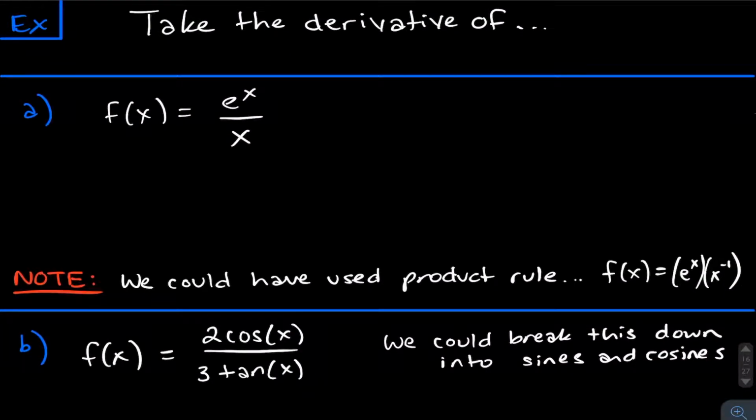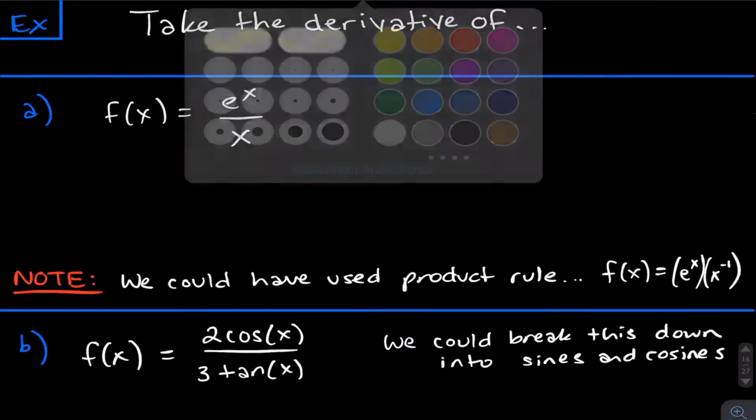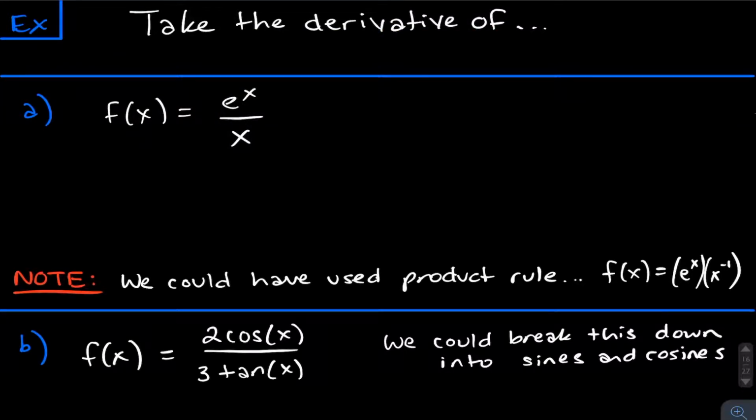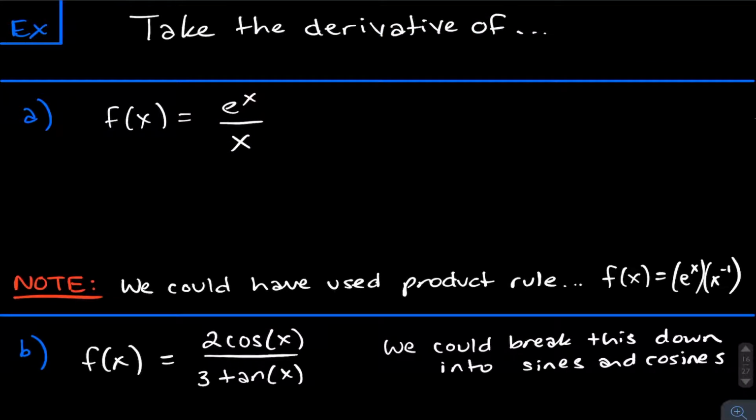So let's do an example. Let's take the derivative of that function that I just mentioned, e to the x over x. Remember that the quotient rule says that the derivative of u over v equals u prime v minus v prime u over v squared.